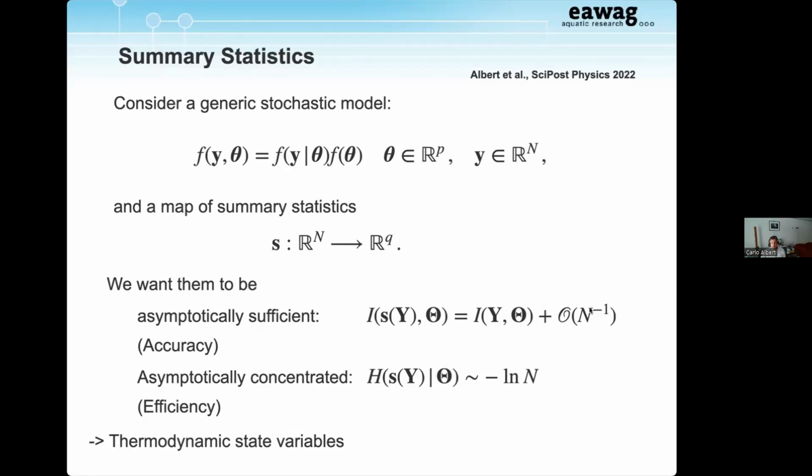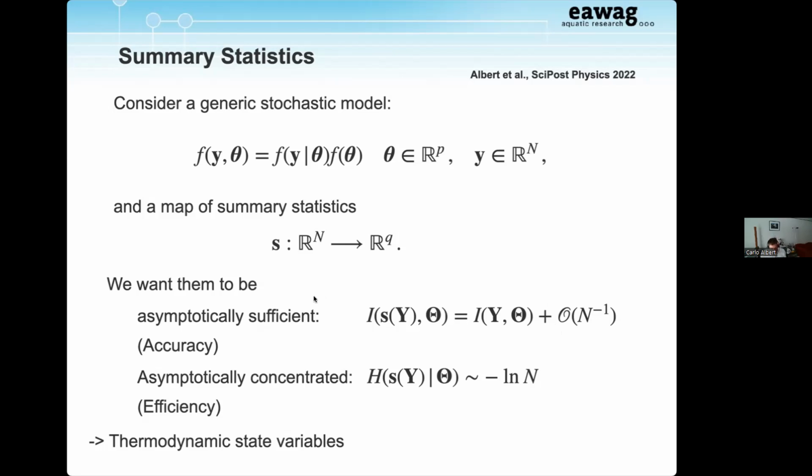Without this 1/n term, that would express exact sufficiency. In practice, that's typically too much to ask for, so we relax this condition to what we call asymptotic sufficiency. We are happy if we get most of the information about the parameters, where most means up to 1/n terms as the data set grows.